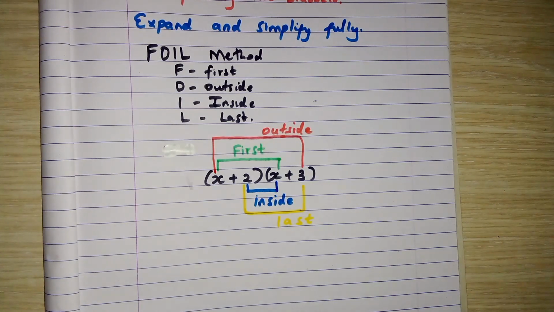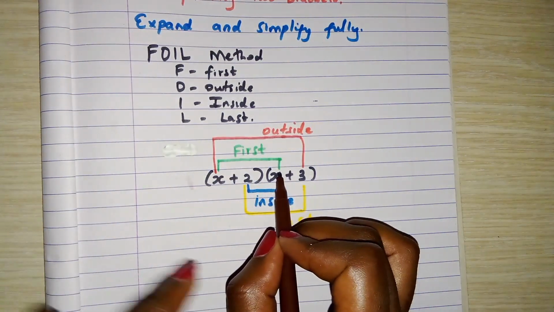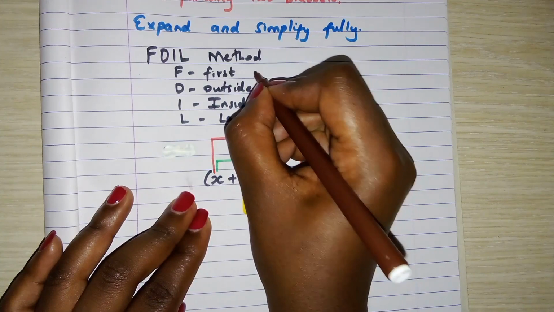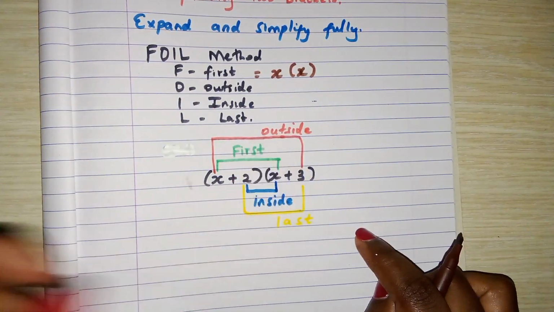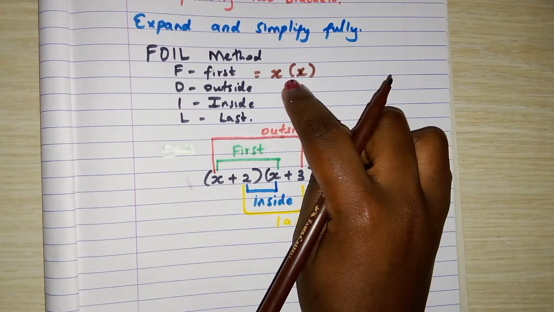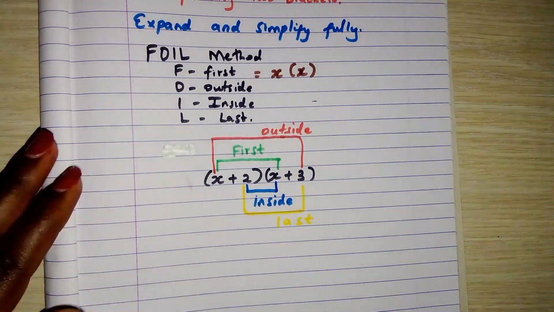So basically what are we doing? In our question the first one is x times x. In the last video I've explained that when there's a bracket, you multiply. Brackets is the same as multiplication, so you can watch the video after you finish watching this one.